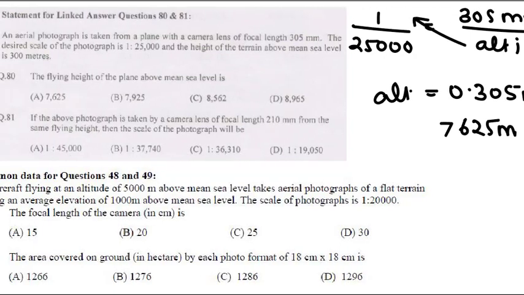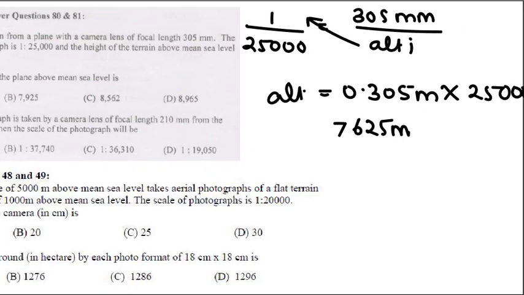And now in the second question, if the above photograph is taken by the same focal length of 210 mm from the same flying height, the scale of the photograph will be. So focal length is 210 mm and altitude is taken as the same value.